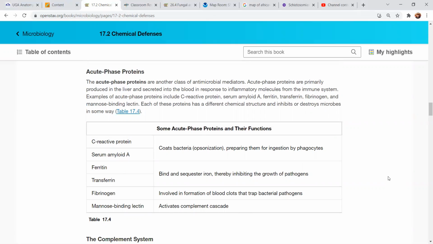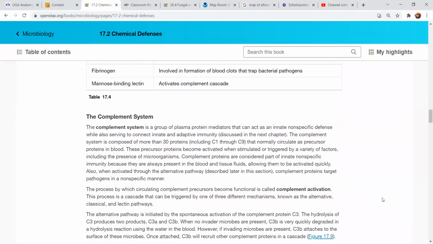So basically, the body says, hey, we've got some inflammation here, and we'll talk about that process a little bit later. That triggers the release of these. They do different things. Some destroy bacteria, some are effective against different types of pathogens, and this mannose binding lectin here activates the complement cascade.